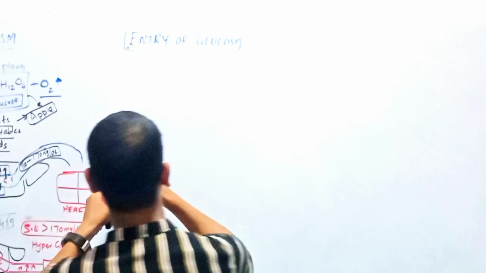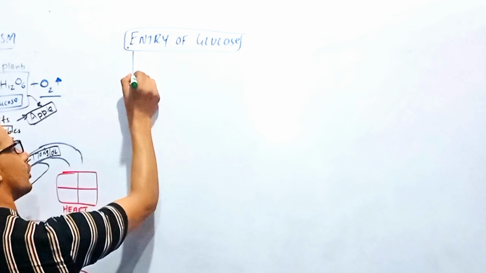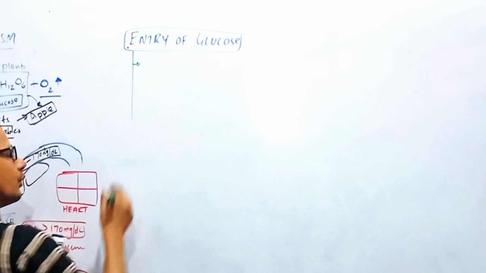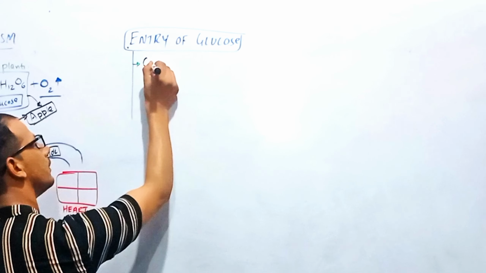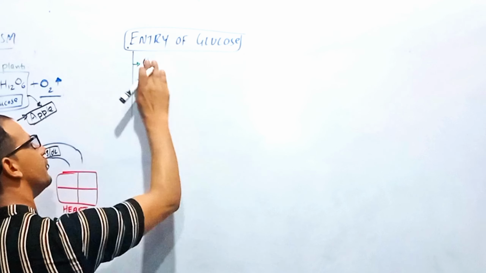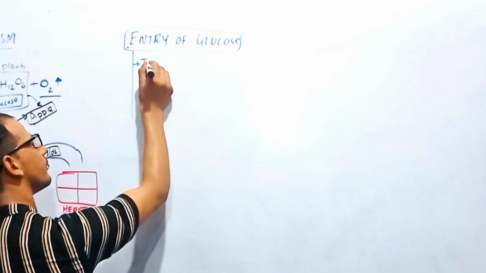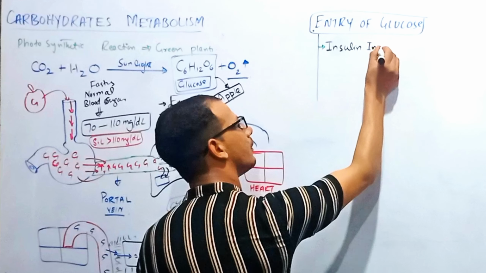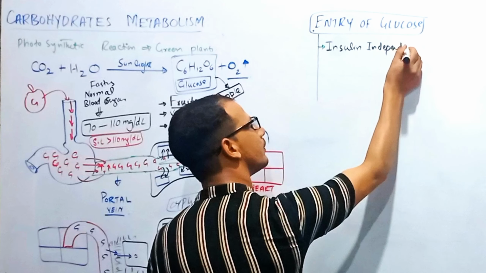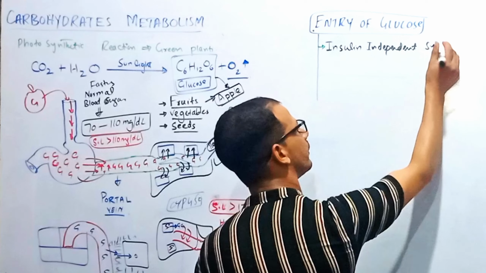So for the entry system of glucose to the cell, first we will discuss the insulin independent system, or transport.